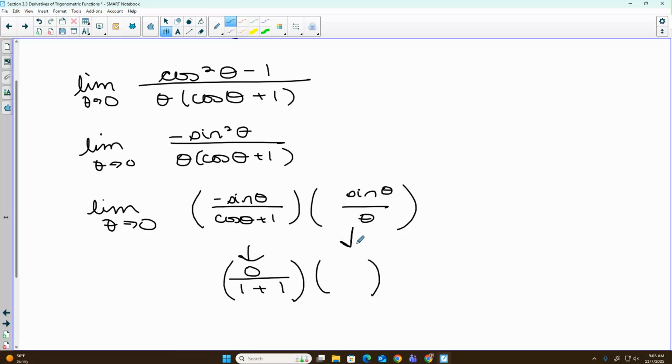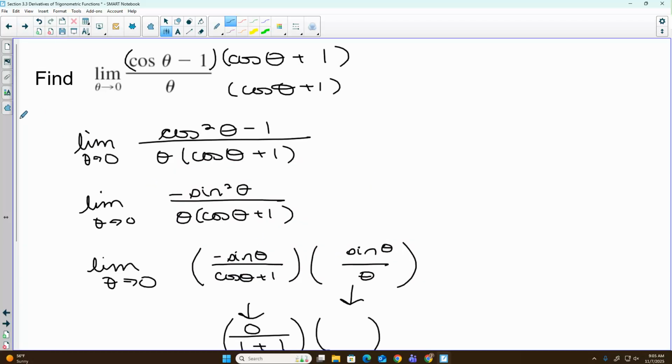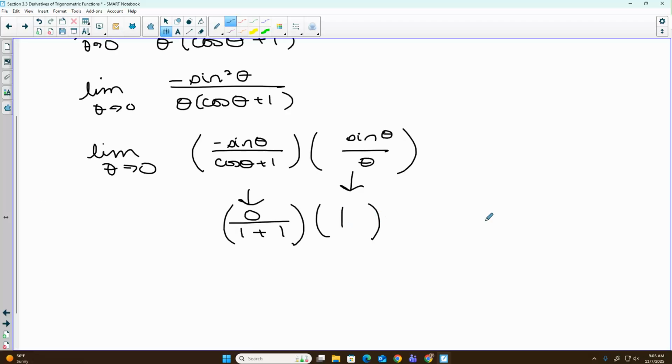This one, I can't do sine 0 over 0, but we know if theta is approaching 0, sine theta over theta goes to 1. And we've proven that before. So then this whole expression turns into 0.